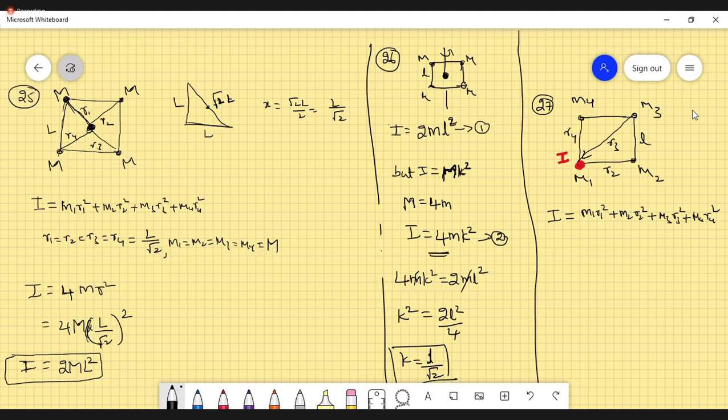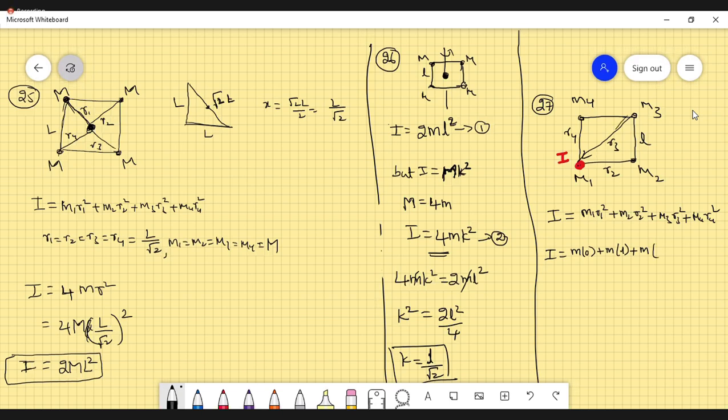R1 is 0. Therefore I equals m into 0, plus m into r2, which is L, plus m3, which is also m, into r3.